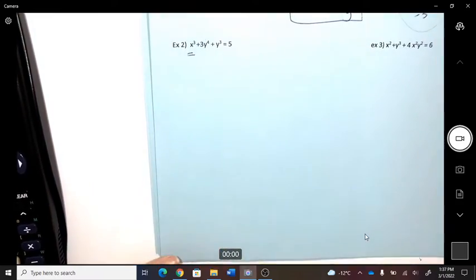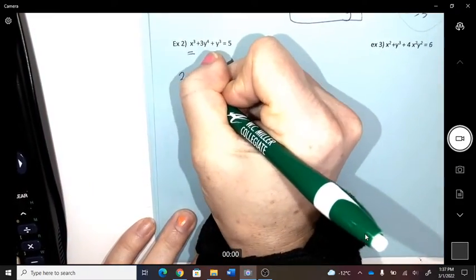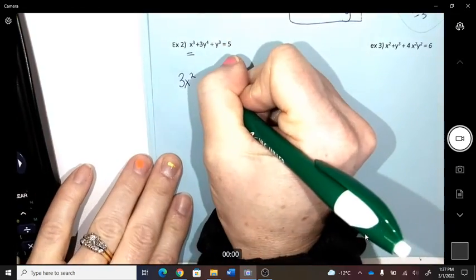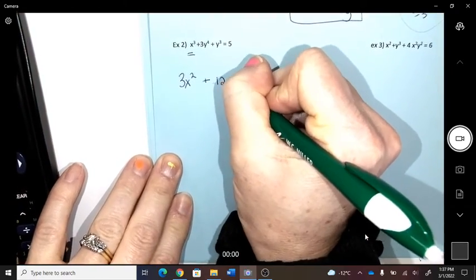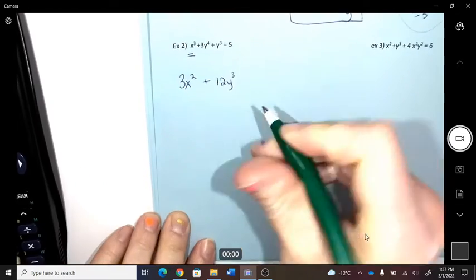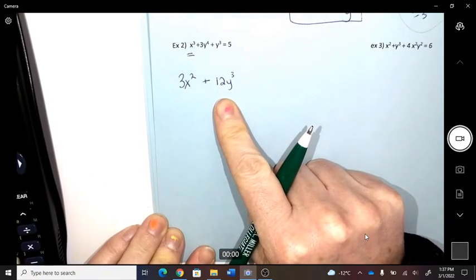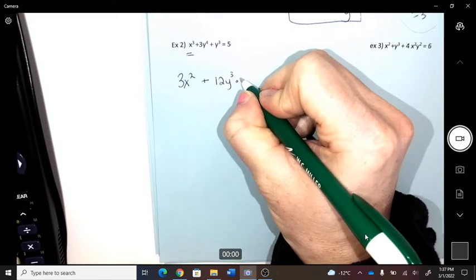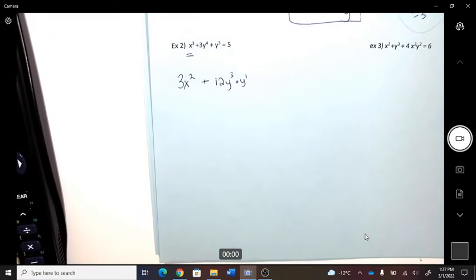Ready? X cubed becomes 3x squared. I differentiated that with respect to x, so I don't worry. The next is 12y cubed, but that was differentiating a y, so I need to attach a y prime.